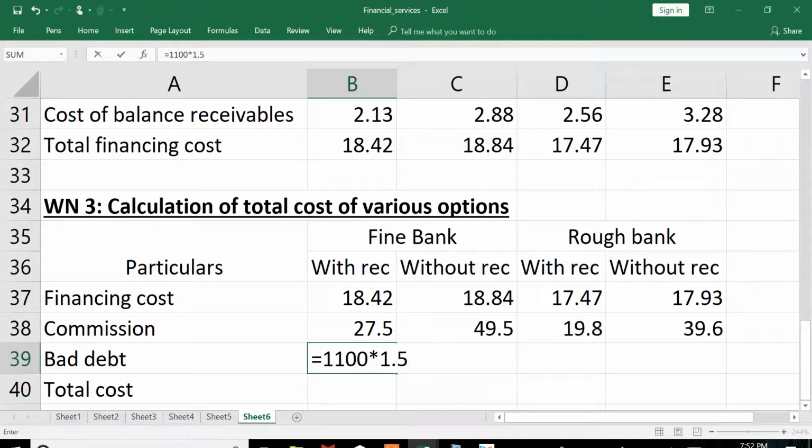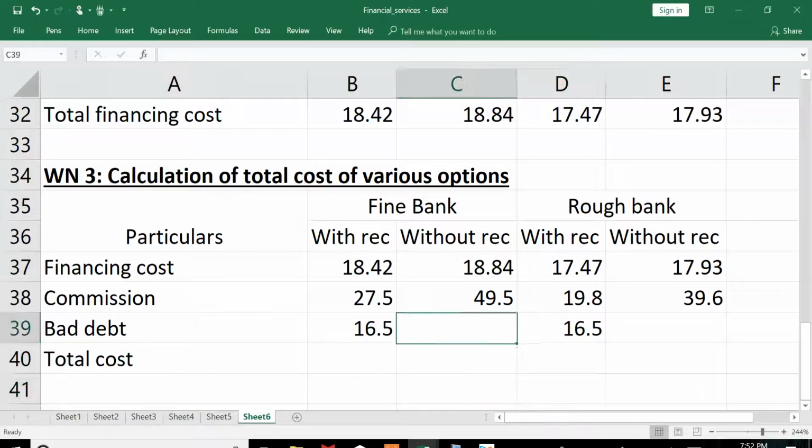So your bad debt is going to be 1100 crores into 1.5%. I'm not talking about savings and bad debt here. Our calculation is the cost of bad debt. So it's going to be 1100 into 1.5%. Without recourse, obviously it is 0.